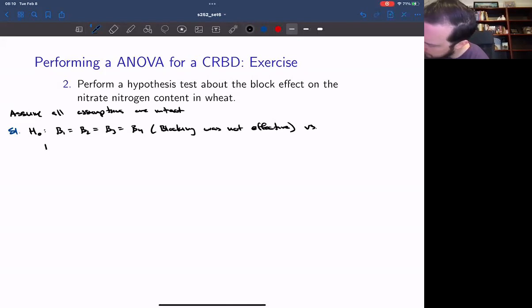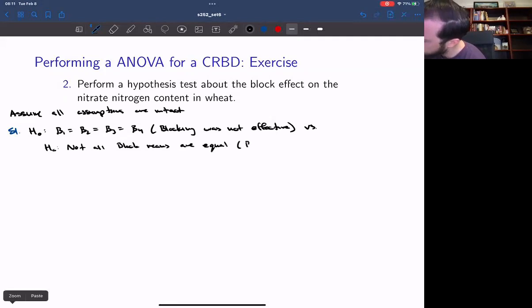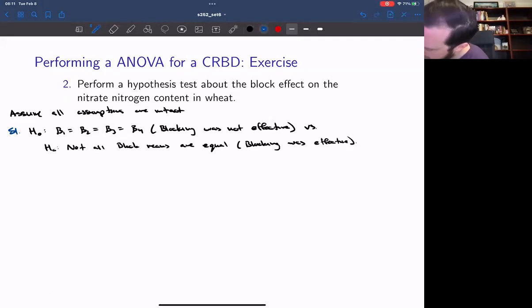And then we can put this against the opposing: not all block means are equal. So this would be blocking was effective, right? And then on step 2, we can state the significance level.